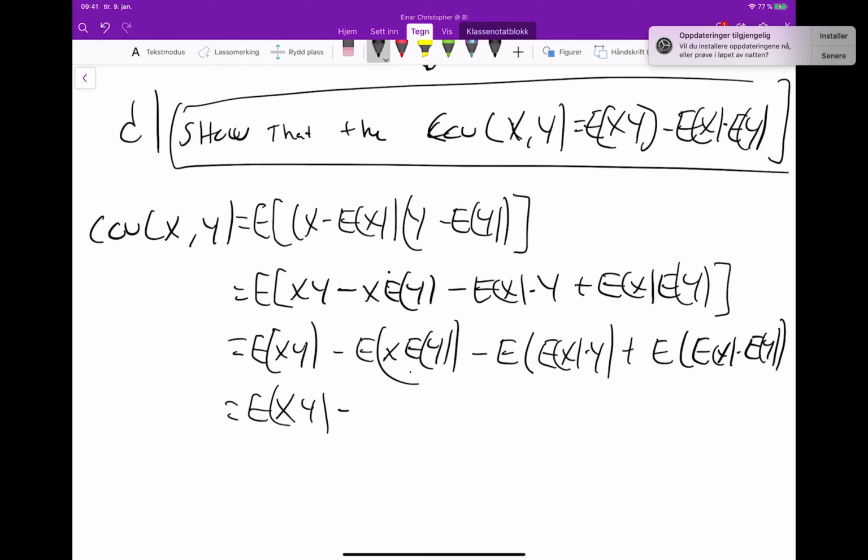Here, the expectation of y is actually seen as a constant. So I can put it outside the expectation. So then I get expectation of y outside this big expectation, and then I have x left, like this.